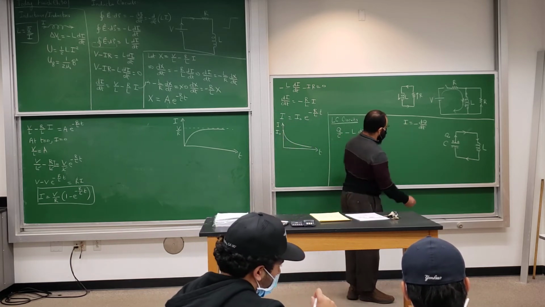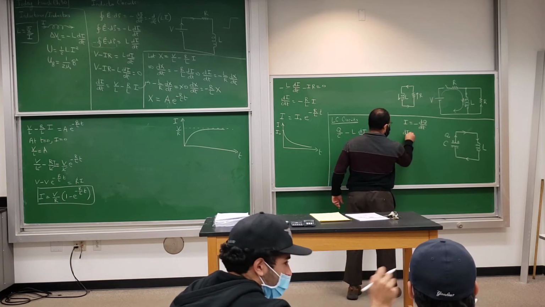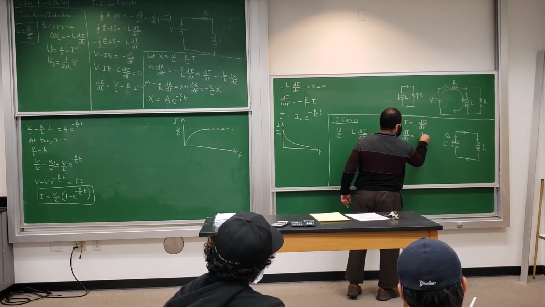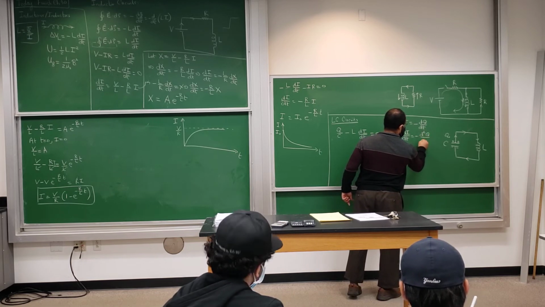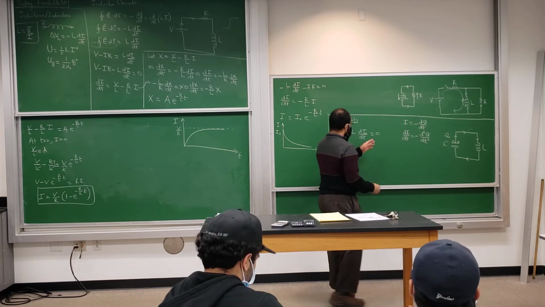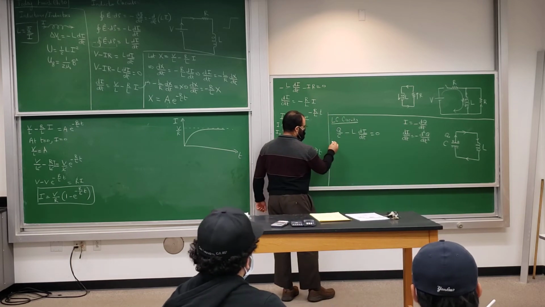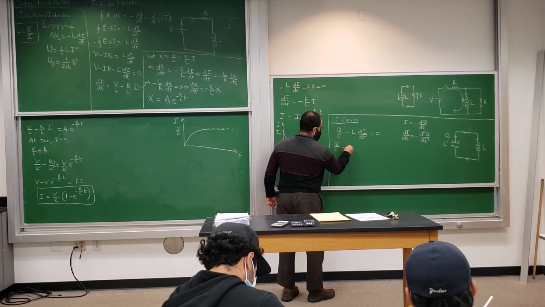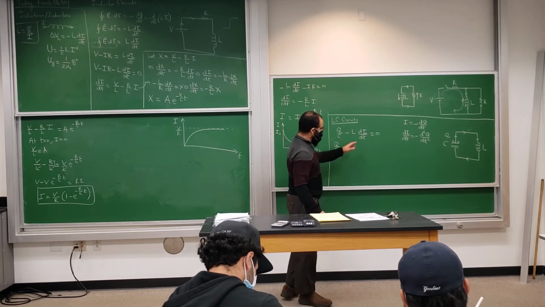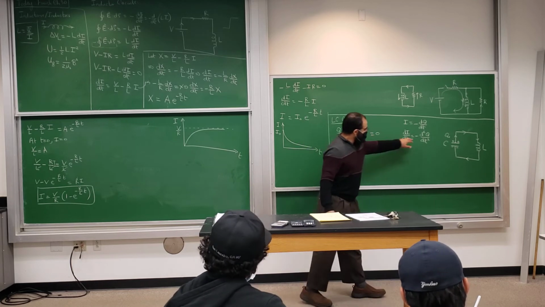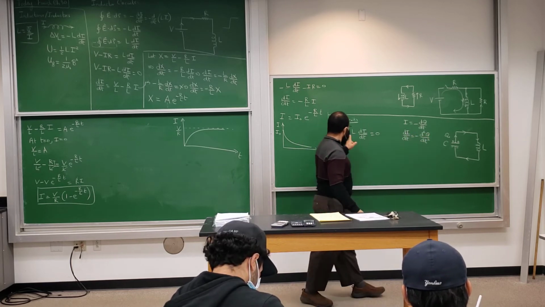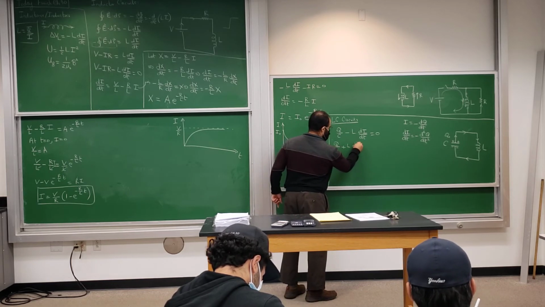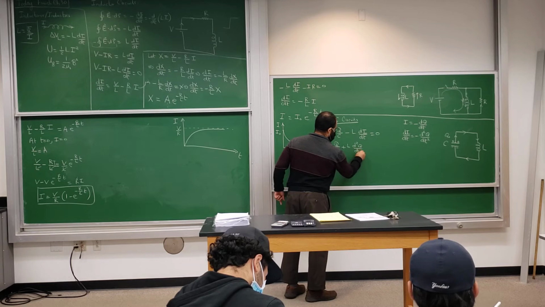So that's the current, so di/dt therefore will be minus the second derivative of q with respect to t.